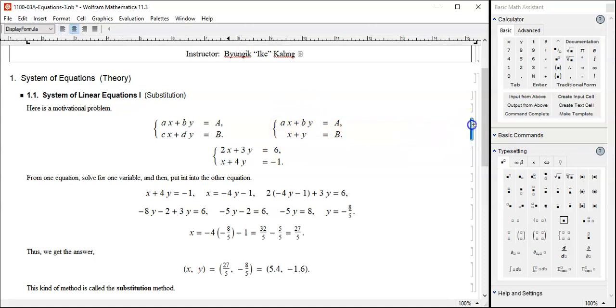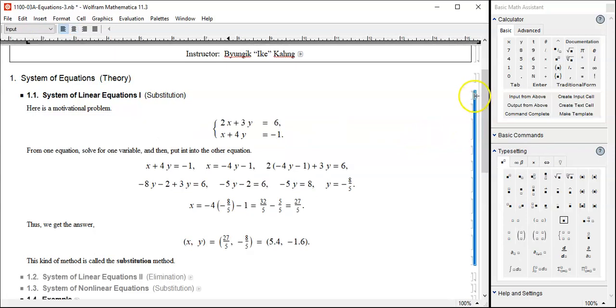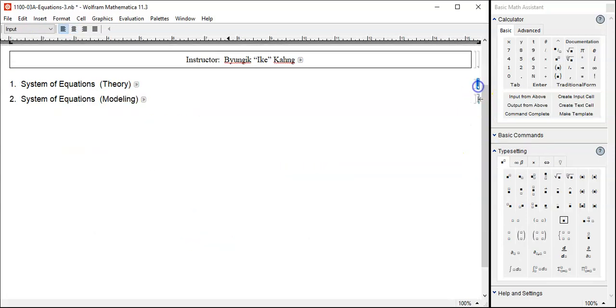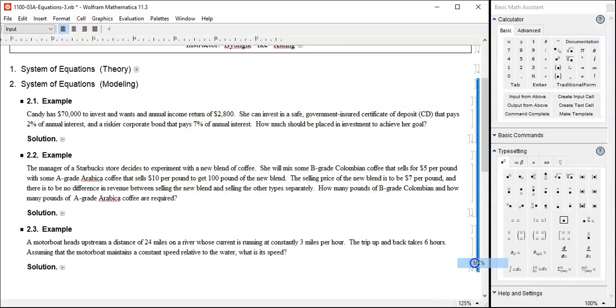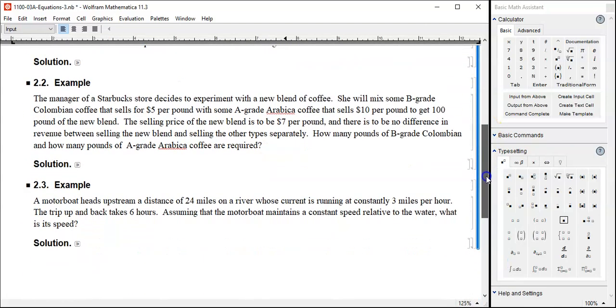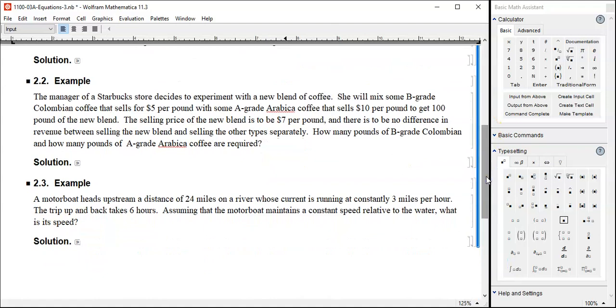Alright. Let's go to the next example here. We talked about the coffee example already, so let's go to the next example and let me get some bigger font. The manager of a Starbucks store decided to experiment with a new blend of coffee.